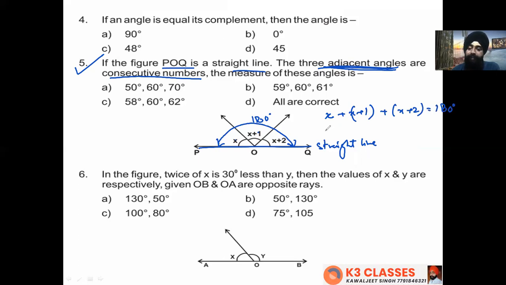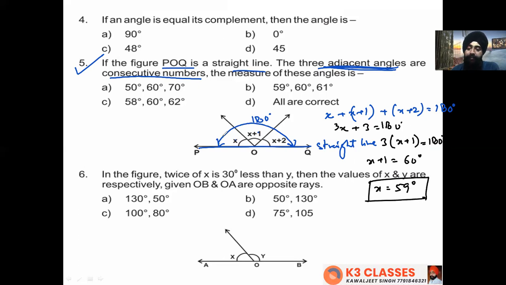So 3x plus 3 is equal to 180 degree, or taking 3 as common, x plus 1 is equal to 60 degree, or x is equal to 60 minus 1, that is 59 degree. So one angle is 59, another is 59 plus 1, that is 60, and another one is 61 degree. So the answer will be B based on the given data.